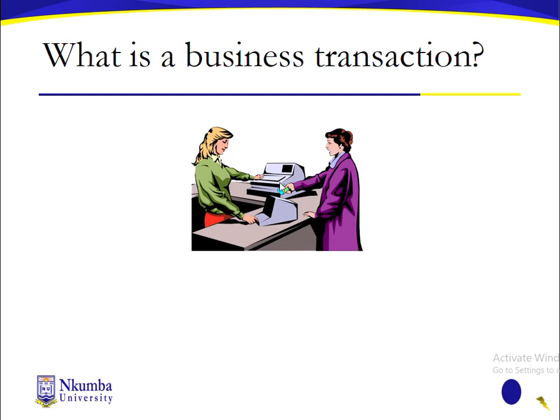Now here we want to look at what we call a business transaction. We call a business transaction actually a transaction when it has the debit and the credit. So where we have quantities, and it is therefore quantifiable in terms of amounts of money or costs involved. We should also know who is involved, and also we should know the particular accounts that are being affected by a transaction.